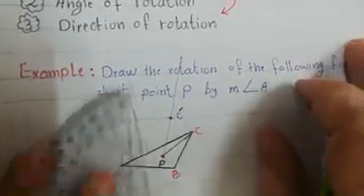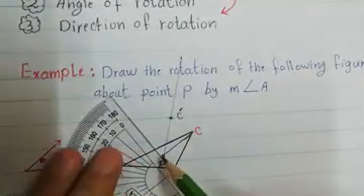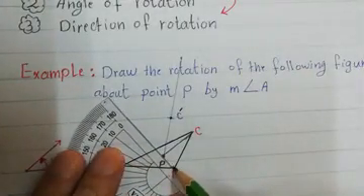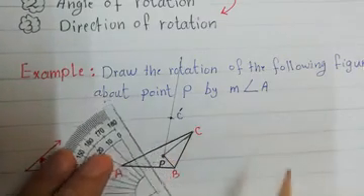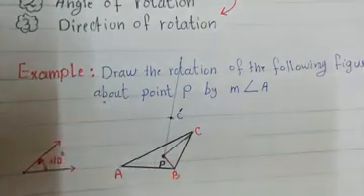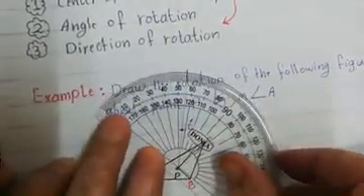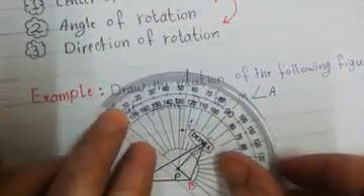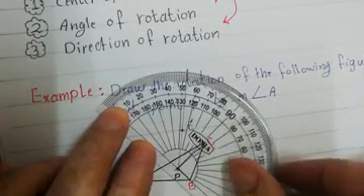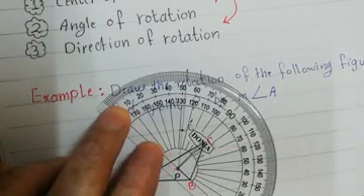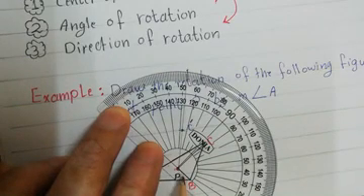I will connect the center of rotation and the point B. Then I will do the same thing. I will fix the center of the protractor on the center of rotation, and I will line up the zero line with the line which I drew.